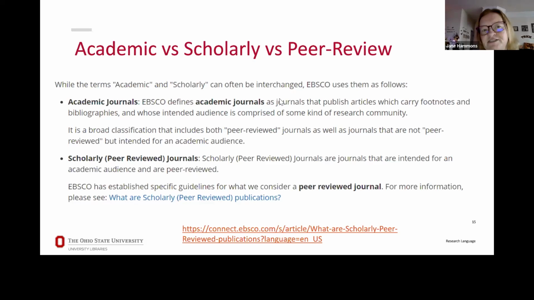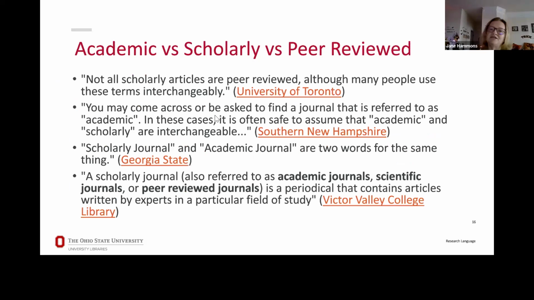What kind of guidance could Trixie get if she looked online to try to figure this out? She would get different kinds of guidance. As I said, EBSCO considered scholarly and peer-reviewed articles basically to be the same thing. The first guidance that you see here says that not all scholarly articles are peer-reviewed, so it seems to make a distinction.